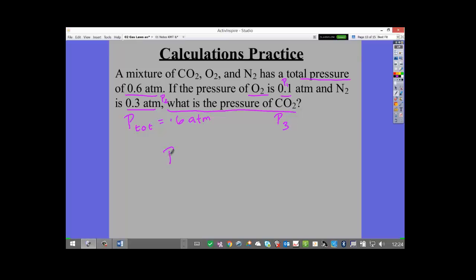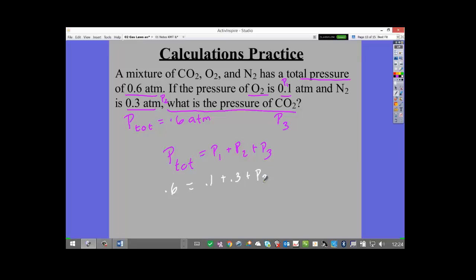So I'm gonna use Dalton's law of partial pressure. P total equals P1 plus P2 plus P3. P total is 0.6 equals 0.1 plus 0.3 plus P3.